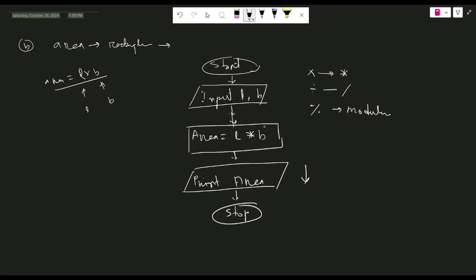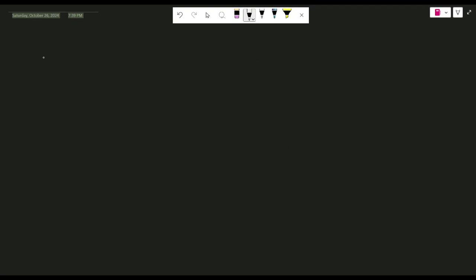So is everything clear? Next, let's say we have a little bit more difficult question. Now what we have to do is find whether a number is even or odd. The number will be given by the user, and you have to find whether that number is even or odd with a flowchart.